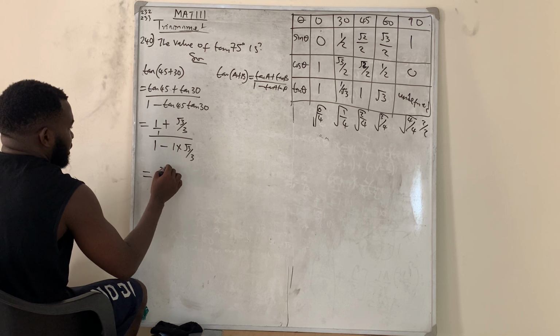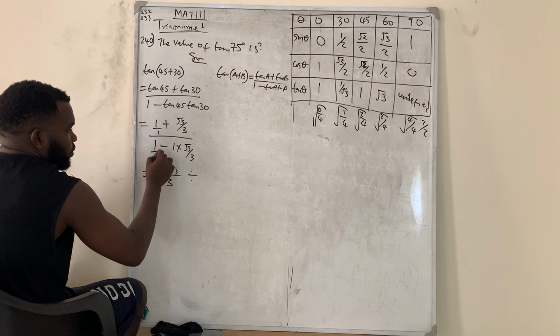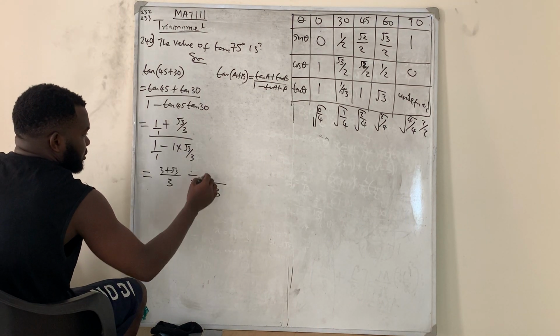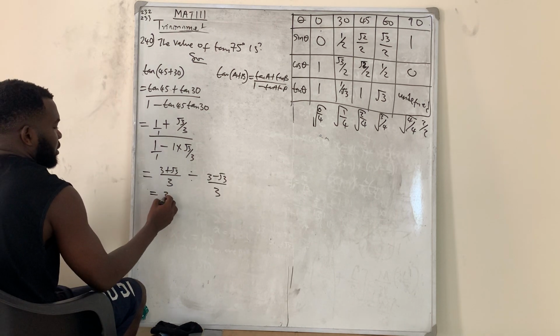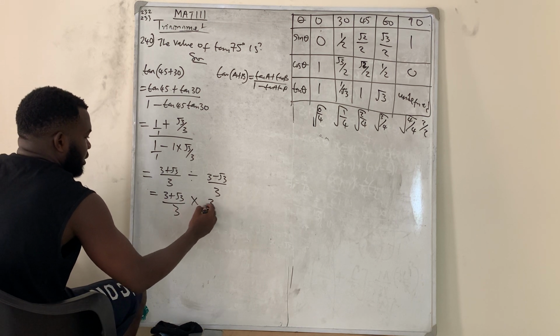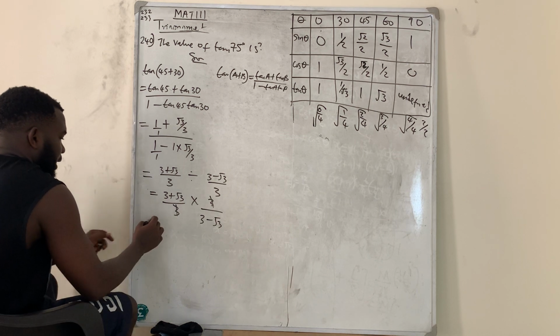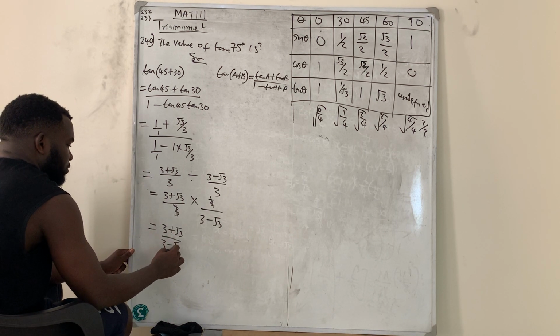So I have 3 plus root 3, divided by, do this one again by LCM, anything times 1 is itself. So LCM is 3. So I have 3 minus root 3. So you are having 3 plus root 3 over 3 times 3 over 3 minus root 3. If this cancels this, I am left with 3 plus root 3 all over 3 minus root 3.